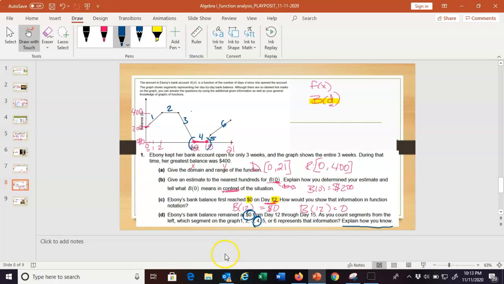As long as you sort of give an explanation on how you got the answer, that's fine. It doesn't have to be anything super complicated, super mathy, if you will. Just how did you know? It could be, well, I read the graph. Don't just say I read the graph, but I read the graph, and on segment 4, the y value is 0.